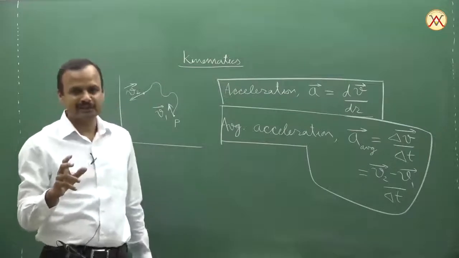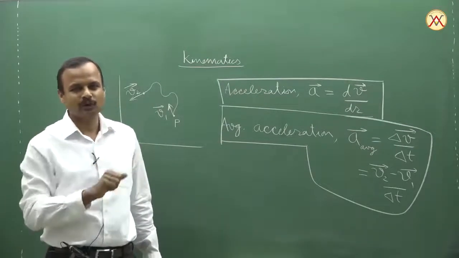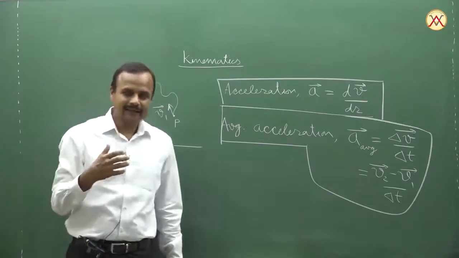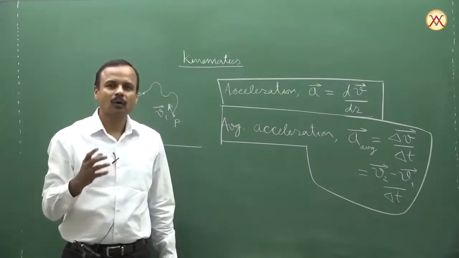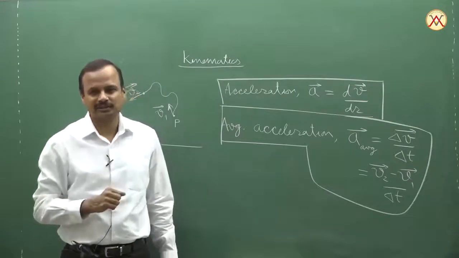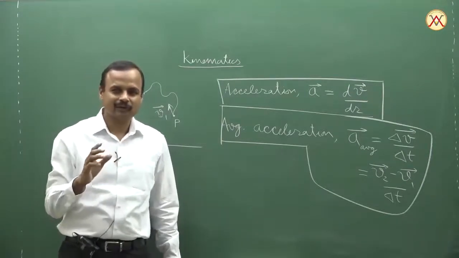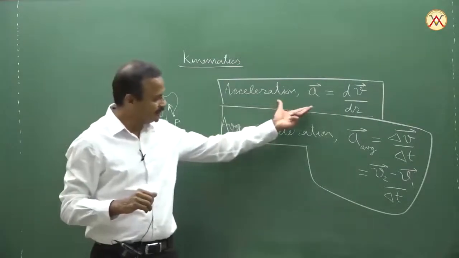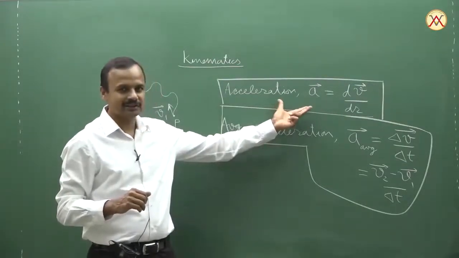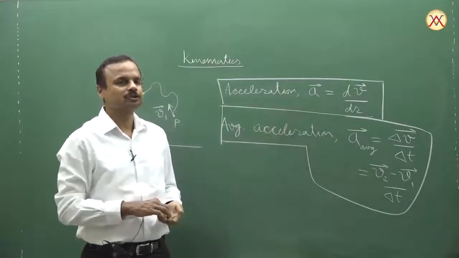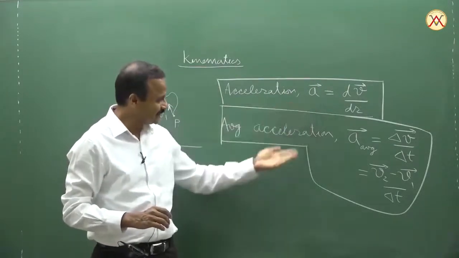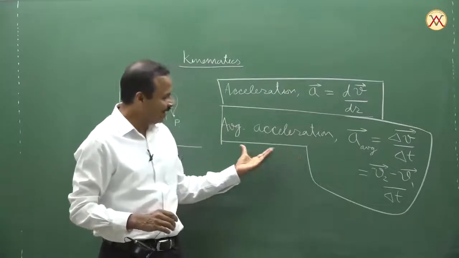That gives you acceleration as V minus U upon T. Now, that equation will work only if acceleration is constant. But this basic definition of instantaneous acceleration will always give you the correct result. This is the instantaneous acceleration, and this one is the average acceleration.